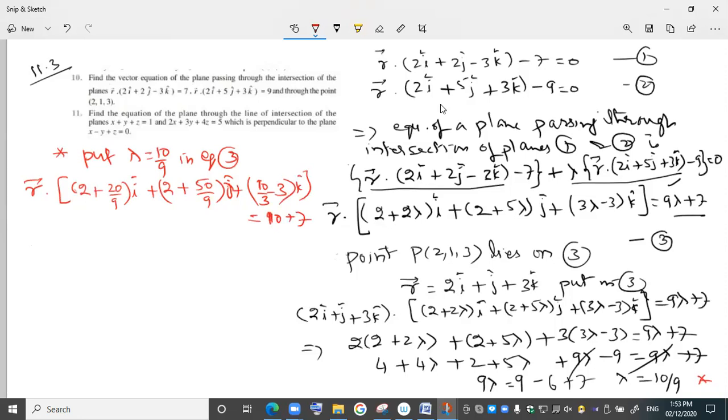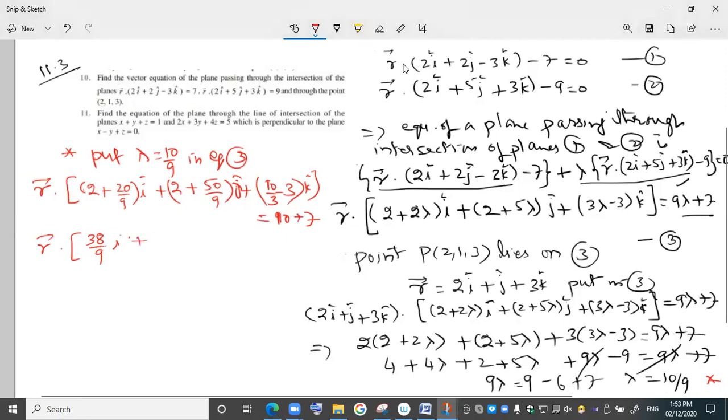So ultimately we will get r dot, 9 2s are 18 plus 20, so 38 by 9 i, and 9 2s are 18, so 68 by 9 j, plus 10 minus 9, 1 by 3 k is equal to 17.